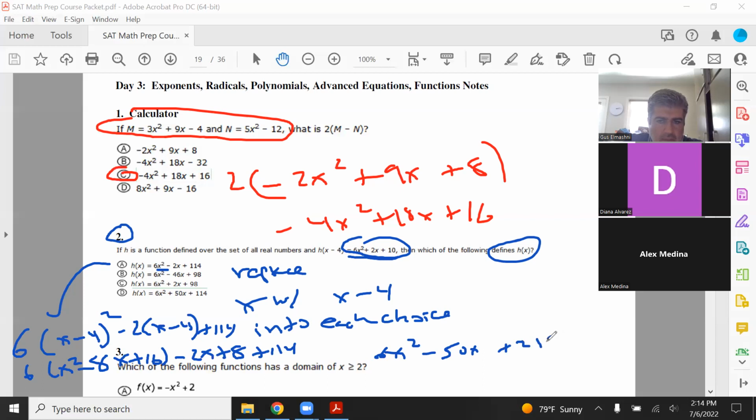Oh my goodness, that is not what we want, right? Definitely not what we want. So I suspect B is probably going to work with a negative 46 there. I'm not 100% sure, but I suspect that's probably going to be the one that we want.